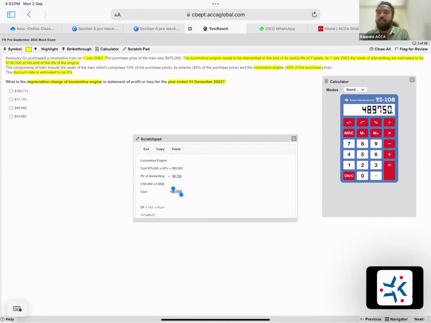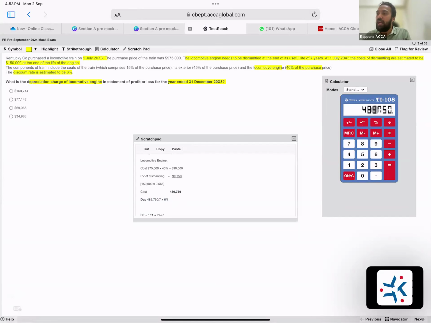489,750. The question is asking about the depreciation. So depreciation is equal to this 489,750 divided by useful life, which is basically 7 years. And don't forget the time proportion from July to December, 6/12.